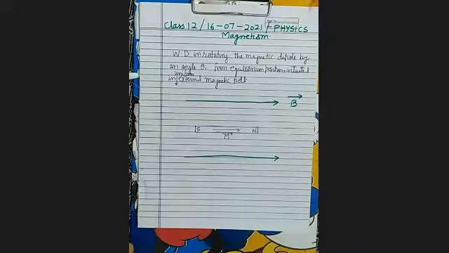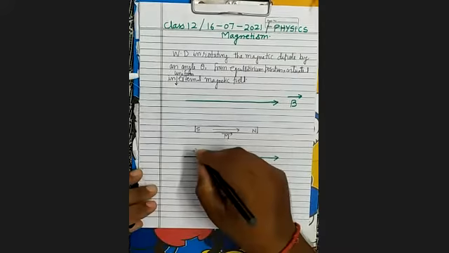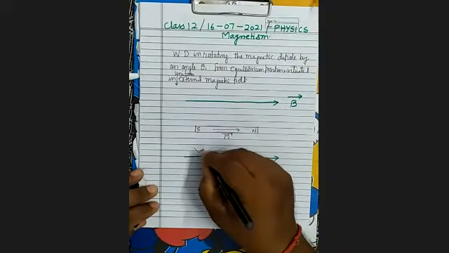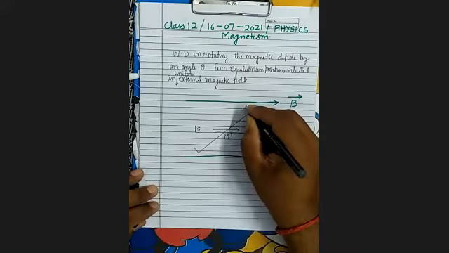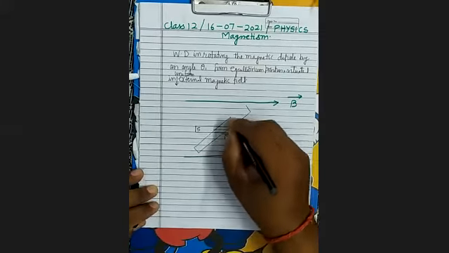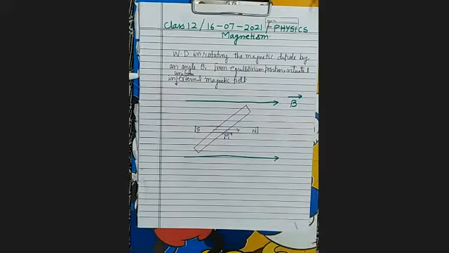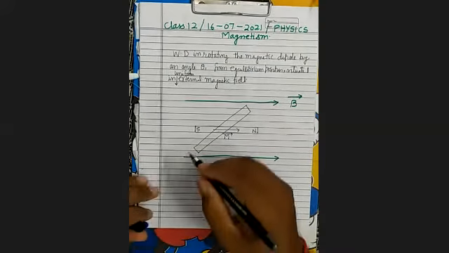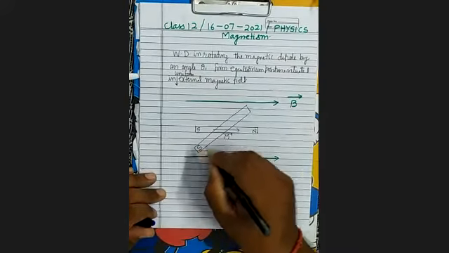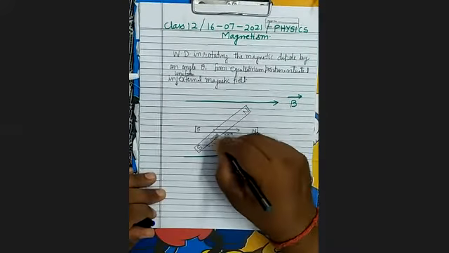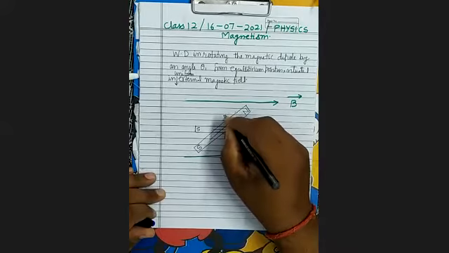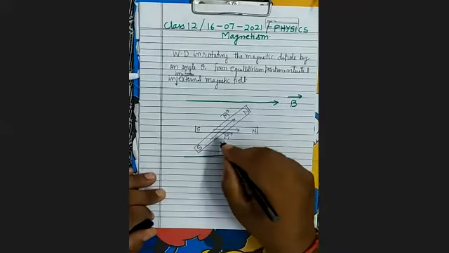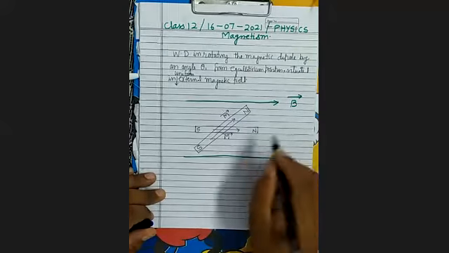Now if I rotate it by an angle theta from this direction, अगर इस डायरेक्शन से थीटा एंगल से रोटेट करें, मींस नाउ it is rotated in this direction. What is the direction of magnetic moment now? This is the south pole, this is north pole, and magnetic moment will be now this. What is the angle between magnetic moment and magnetic field? It is theta.